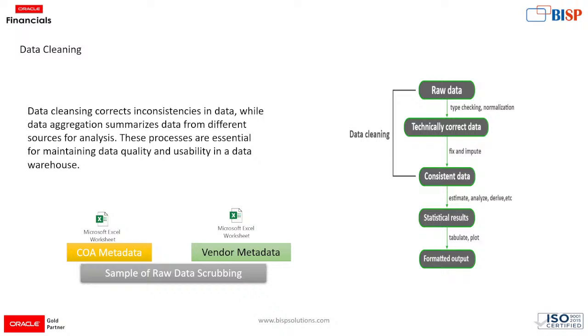On the other hand, data aggregation is a process of combining and summarizing data from multiple sources or records into a unified dataset.